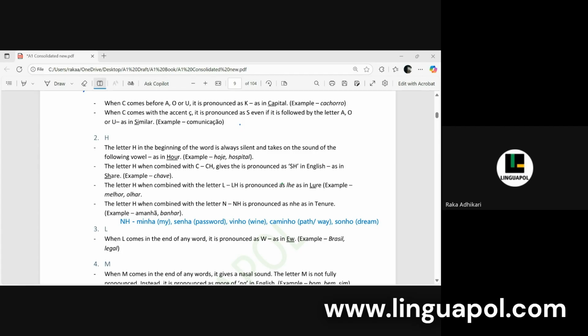Then we saw letter H with a combination of L. When we have LH, the sound is ly, like melhor or olhar. Then we saw the letter H combined with N. Whenever we have NH together, the sound is nya or ya. So we saw some examples, amanhã, banhar.